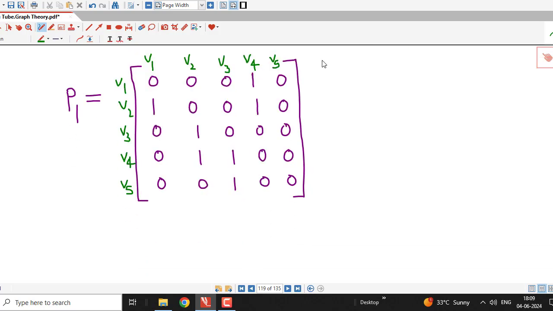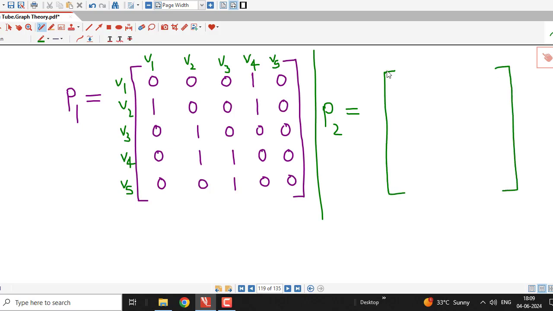Suppose I want to write down P2, then I have to use P1. Let me write a few things for P2 also. For P2 I have obtained all the matrices, but just for understanding, suppose we write the vertices in a given order: V1, V2, V3, V4, V1, V2, V3, V4 and V5.